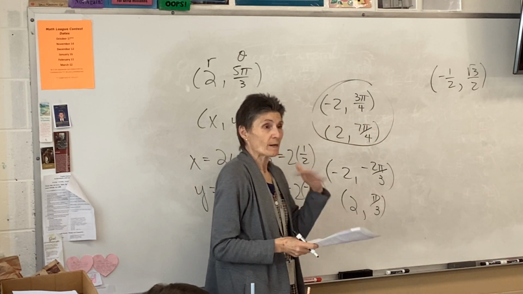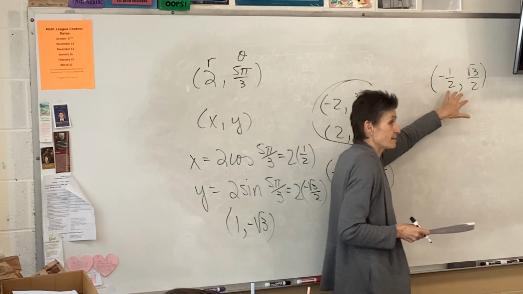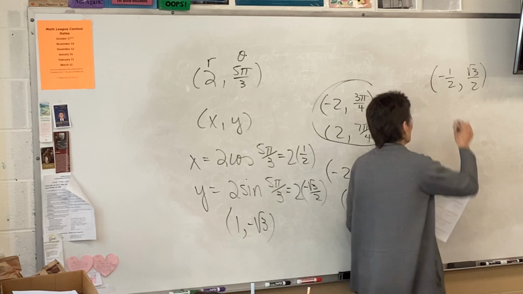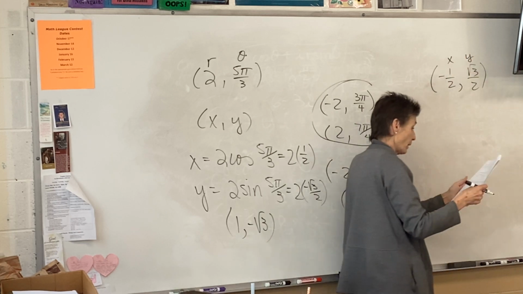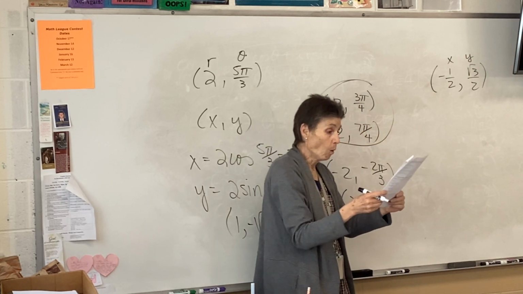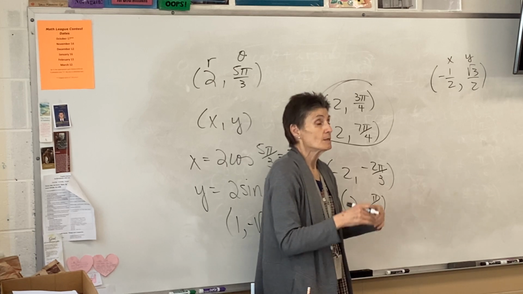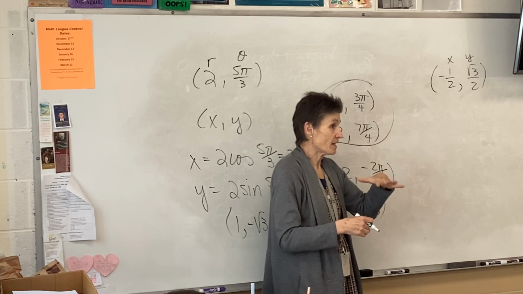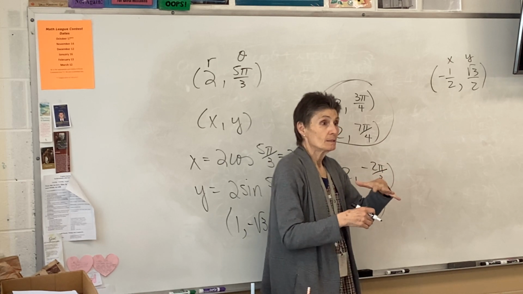Now, what does rectangular mean? This is x and y, okay? Now, what do we want to know? What are the polar coordinates? Which means, what are we trying to find? R and theta, okay?